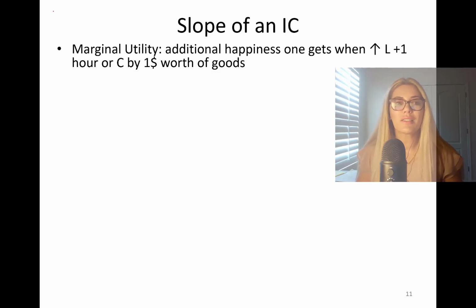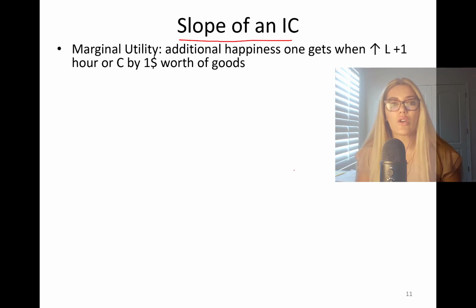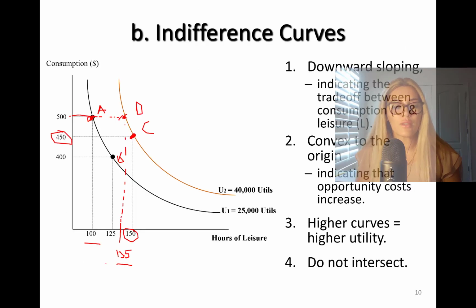Let's learn about the slope of an indifference curve. Slope of an indifference curve, folks, I'm just going to show in this graph. We went to the previous slide. So slope can be calculated at any point because it's a curve. Slope is not constant.